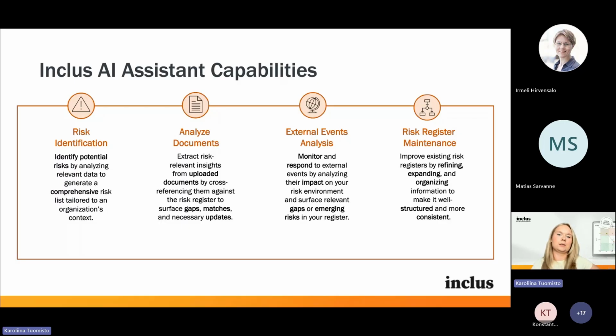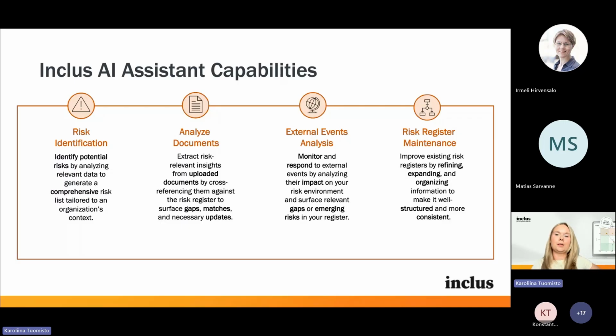We can very easily build an entire risk register or just enrich your current existing risk register with the help of relevant documents or reports or anything, and just give them to AI and it will do the work for you.